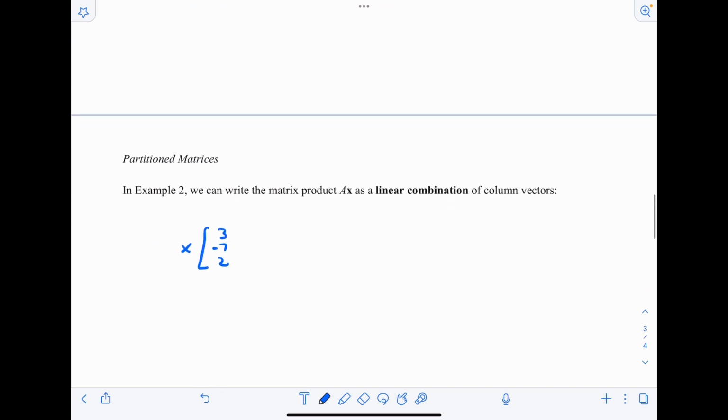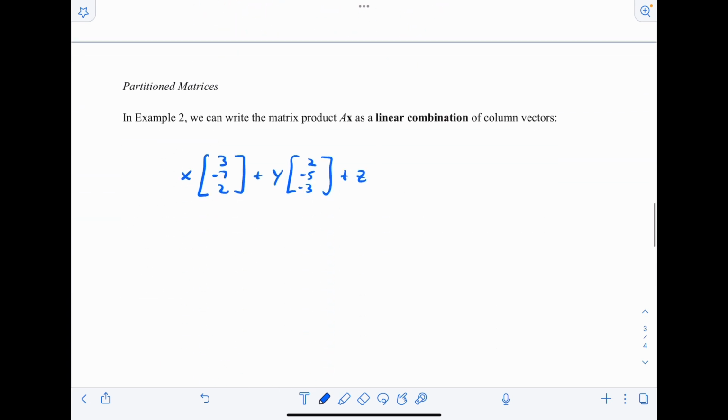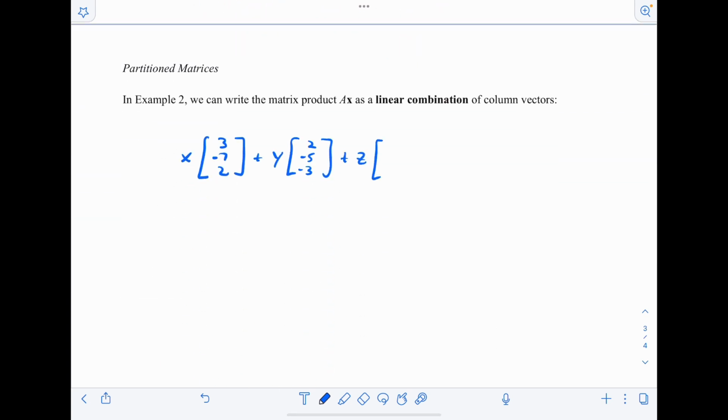And then plus y times the coefficients of y, which are 2, negative 5, negative 3. And then plus z, which has coefficients of negative 4, 2, and 7. And that's going to equal negative 12, negative 1, 35.